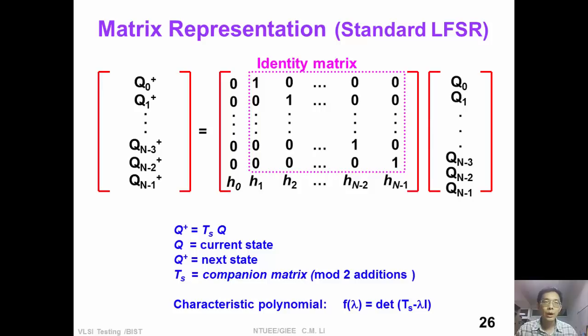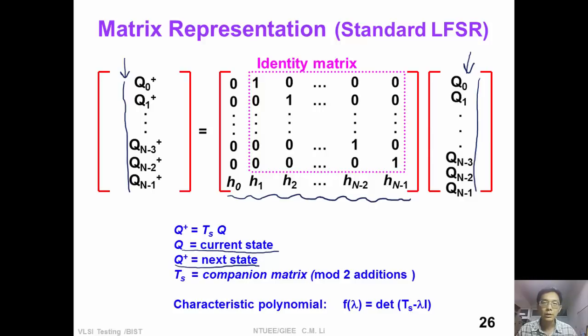We can write a matrix representation for this standard form LFSR. On the left hand side, this column vector Q plus represents the next state of the LFSR. On the right hand side, this column vector Q represents the current state of the LFSR. In the middle here, we have a companion matrix.